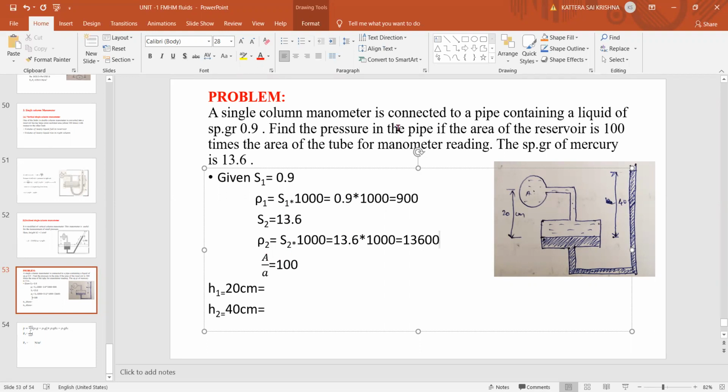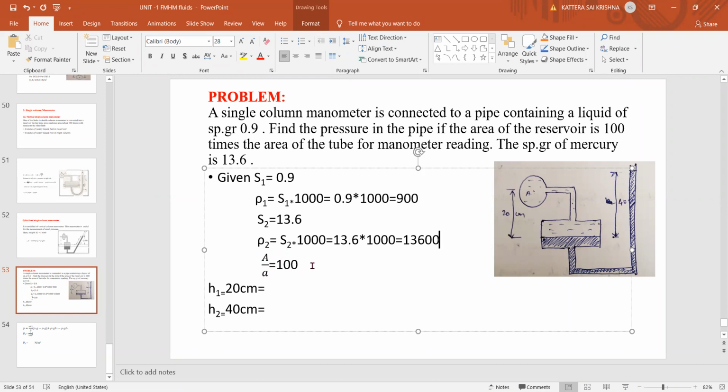One thing he gave is the ratio of capital A to small a: the cross sectional area of capital A is 100 times the cross sectional area of small a. So capital A equals 100 into small a, so A by a equals 100. You can write capital A equal to 100 times small a, then A by a equal to 100.